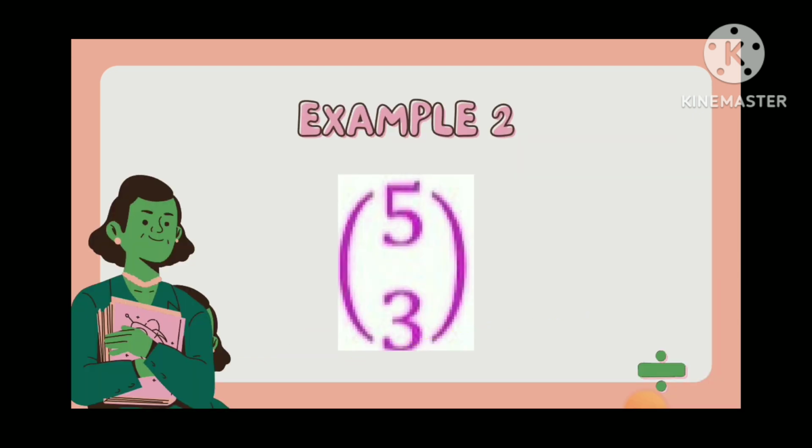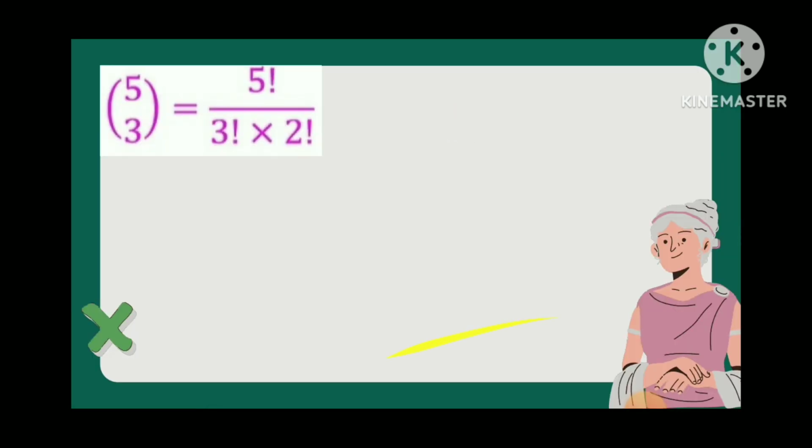5 choose 3. 5 choose 3 is equal to n, which is 5 factorial, over 3 factorial, which is our r, times 5 minus 3, which is 2 factorial.